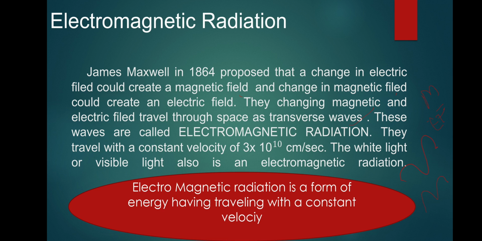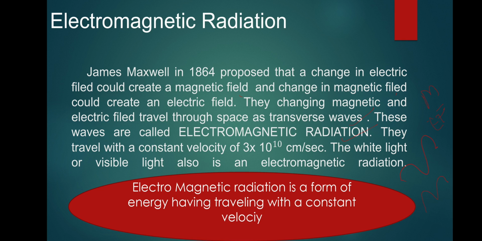These waves are called electromagnetic radiation, and they travel with a constant velocity. So white light or visible light is an electromagnetic radiation. So spectroscopy is the interaction of electromagnetic radiation with matter. What is electromagnetic radiation?